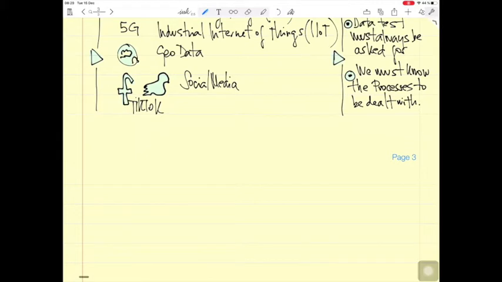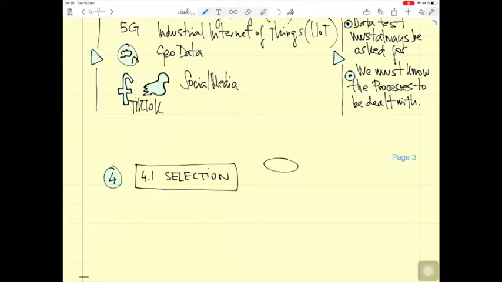So number 4, or 4.1 if you want, 4.1 is a selection. We have gathered a bunch of data.